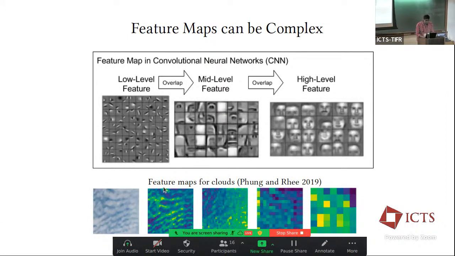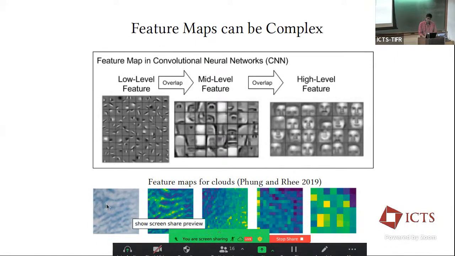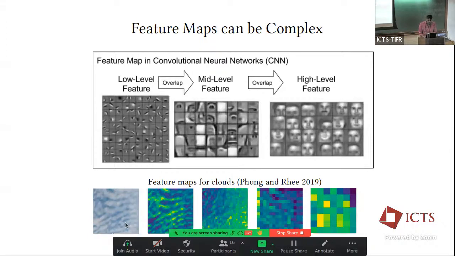Now, as an example here, there's a feature map for clouds. If you have an image of a cloud and you run it through a CNN, and then you look at how the input evolves after each convolution layer, you get something like this. The first layer identifies the most obvious features present in the image, which are these wavy structures associated with different phases of the clouds.